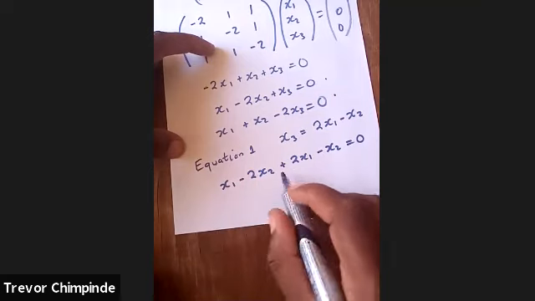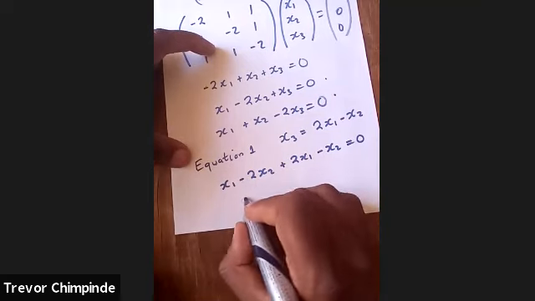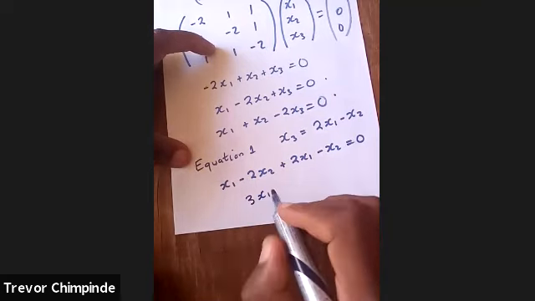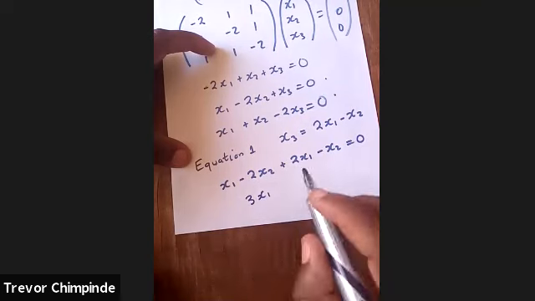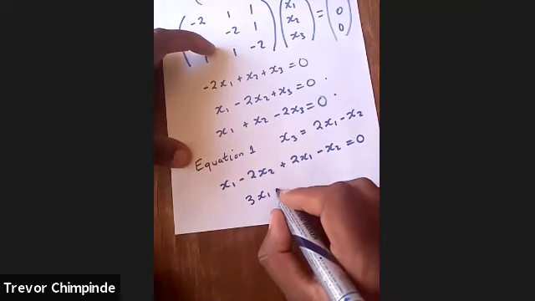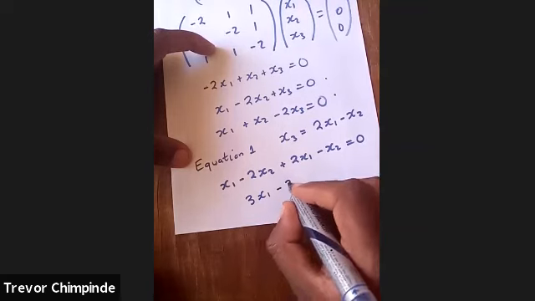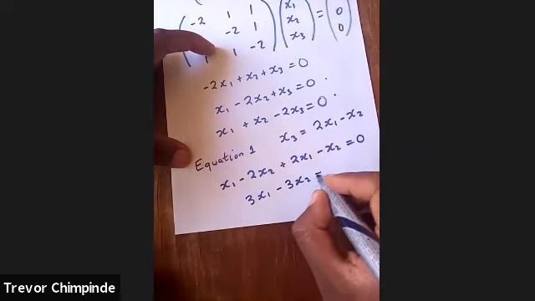Simplifying, I get 3x1, because it's x1 plus 2x1, and then minus 3x2 is equal to 0.